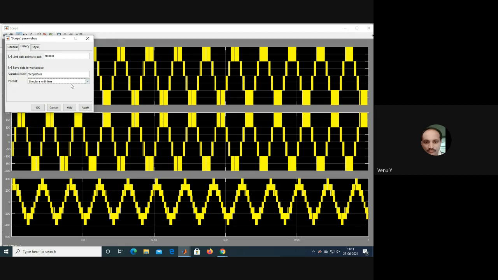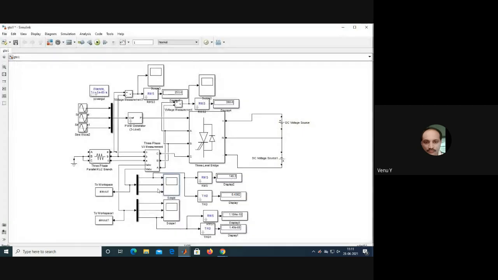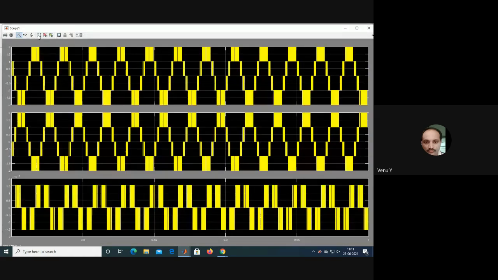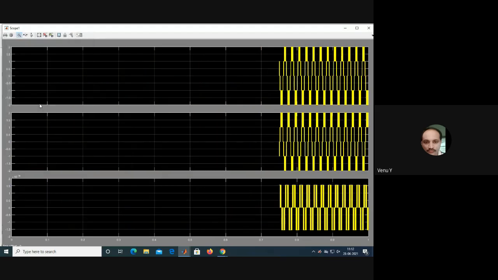Format structure with time, scope data, apply, OK. And here also this is the current. Structure with time, apply and OK.